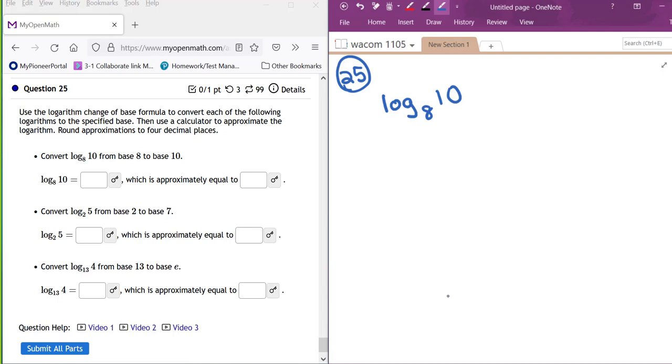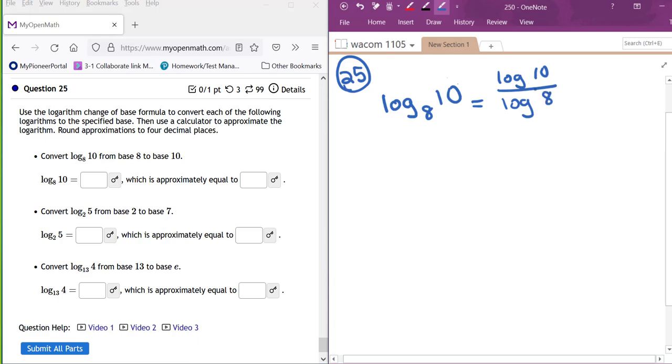So when you're going to go to base 10, that's a good one to choose because it's on your calculator, right? So then I just take the log of whatever is higher up, not bigger, but higher in position. That will go on the numerator.